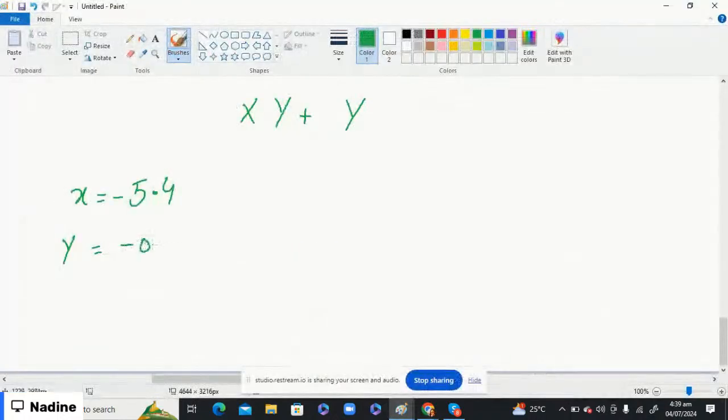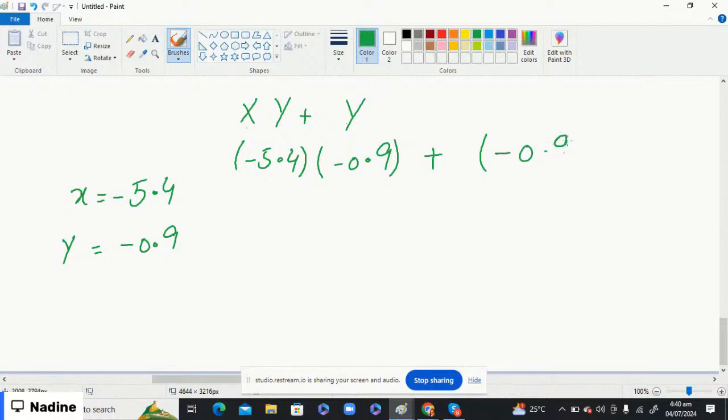Let's put the values in and then solve it out. In place of x, I'm going to put minus 5.4. In place of y, I'm going to put minus 0.9. And again in place of y, we're going to put minus 0.9.